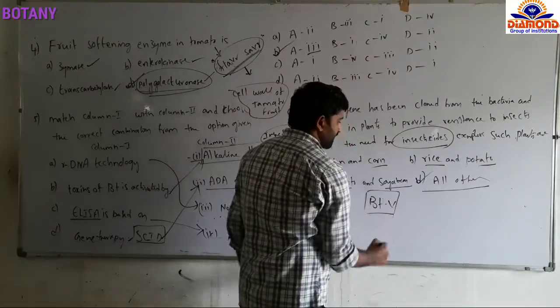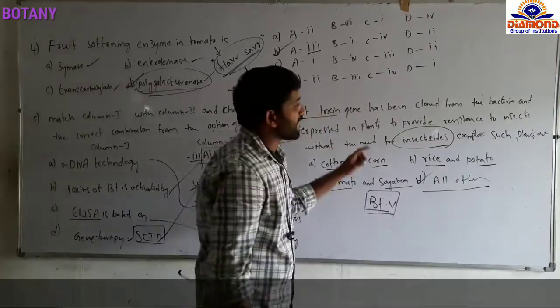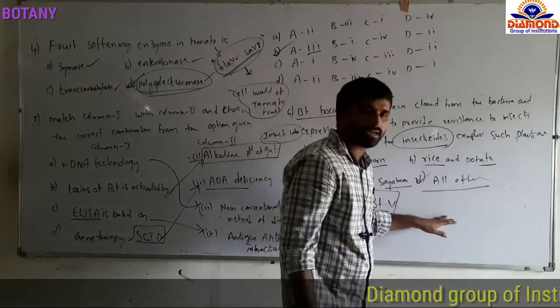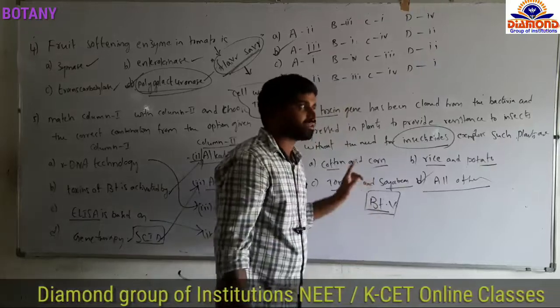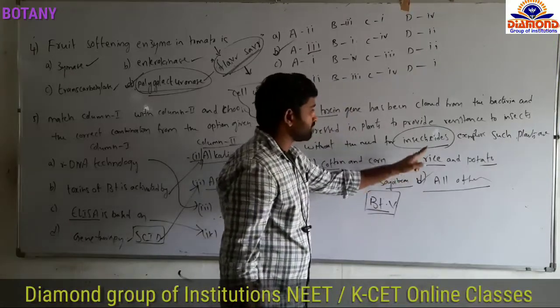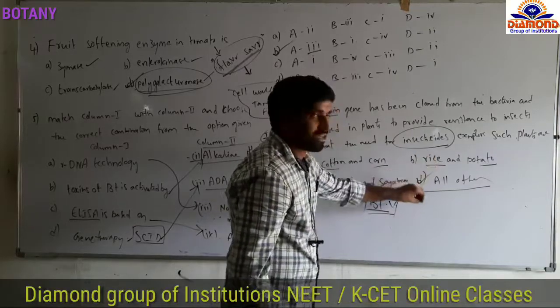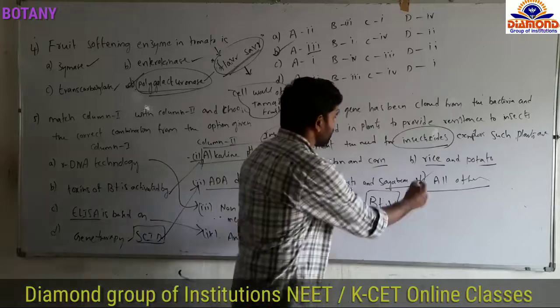Here Bt means Bacillus thuringiensis. These Bacillus thuringiensis genes are extracted from the bacteria Bacillus thuringiensis, which produce the Bt genes or Bt toxins. So all these plants will have resistance without adding insecticides. So the answer is all of these.